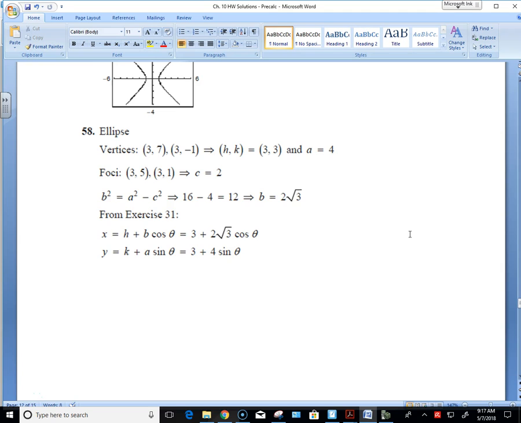Your foci, you could have also gone halfway in between there and seen that it was 3, 3. Your C was equal to 2, so they just used conic section tricks in order to plug in what they needed to know. So A was the vertical measurement, that's why it went with the Y. Your K was the Y value.